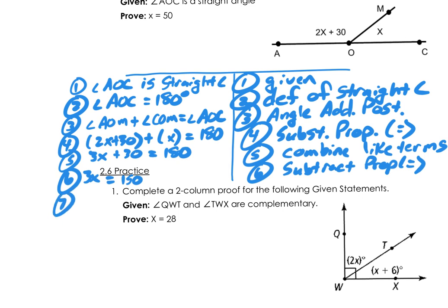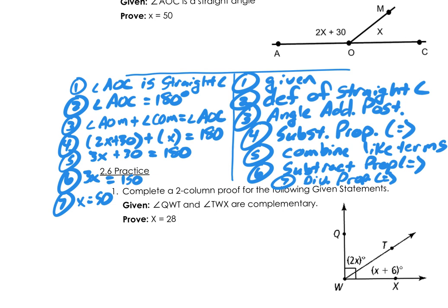And then finally, we're going to divide by 3. The good news is we did all that work and we got to the point where x equals 50. So those two should match up. Now we know that we're done. And there we did the division property of equality.